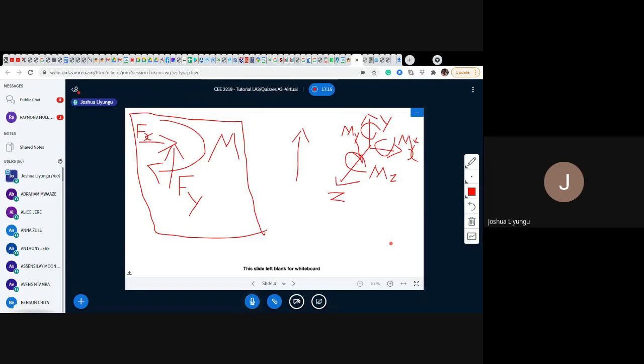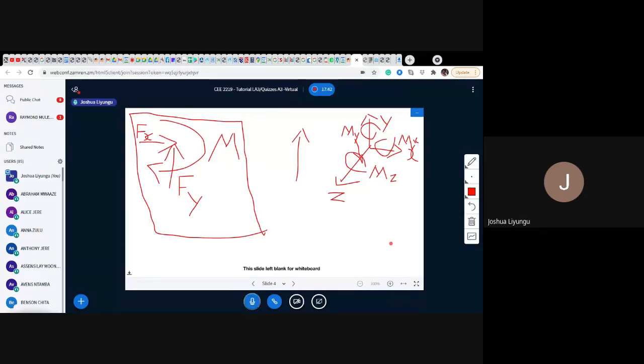So you don't consider those. Any force that is parallel, or the one that is passing through that axis, does not bring about a moment. Take note of that.